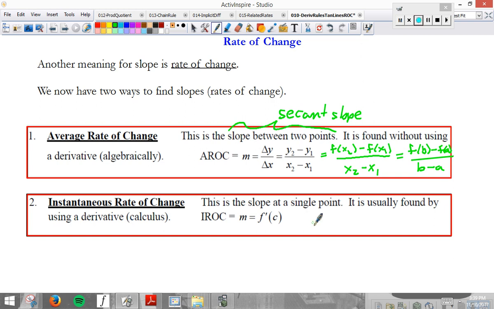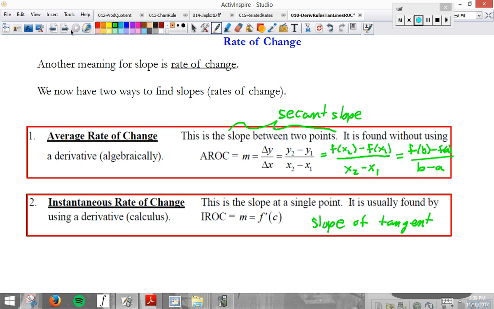This is also known as the slope of a tangent line. Okay? So if you see someone asking you for a secant slope, it's an average rate of change, AROC. If you see someone looking for a slope of a tangent line or a slope at a single point, they're talking about an IROC, instantaneous rate of change, derivative.